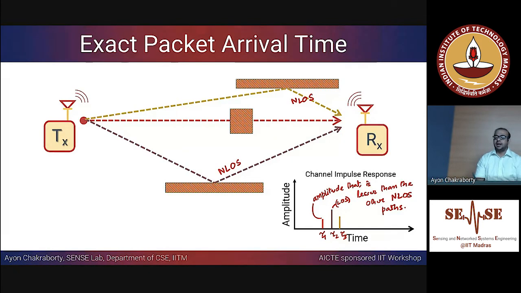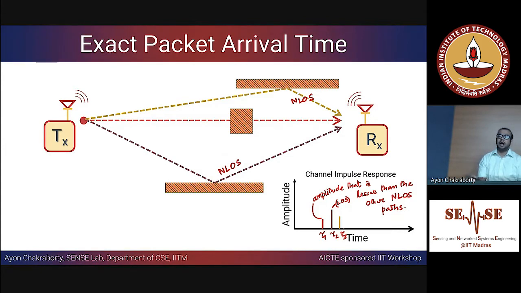You think that this is the line of sight path, that this amplitude corresponds to the line of sight path, and the time of arrival is actually tau 2. But you will be mistaken, right? Actually it is the red one, at tau 1, which is your line of sight path, but that could be sort of smeared because of the presence of these obstacles.